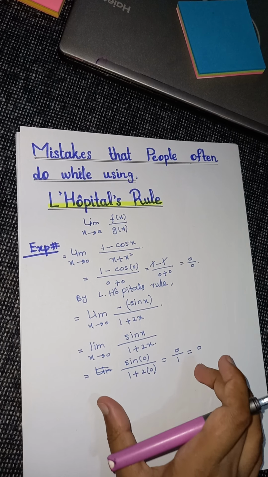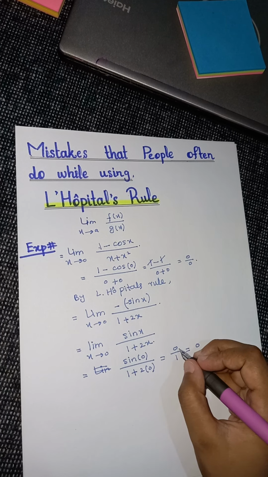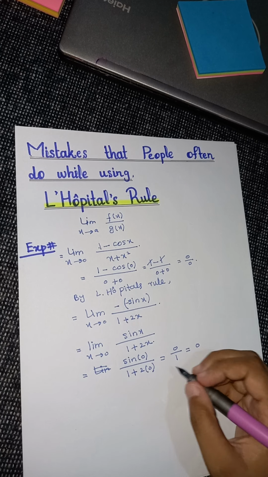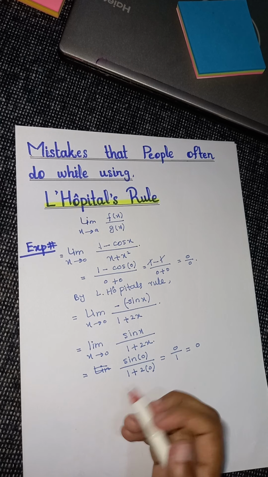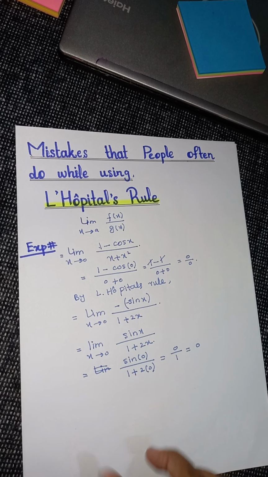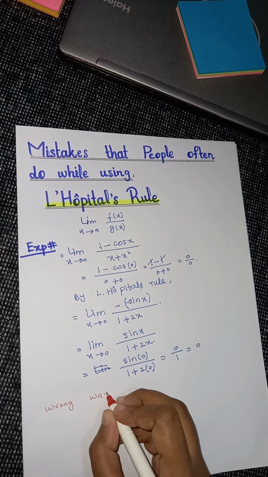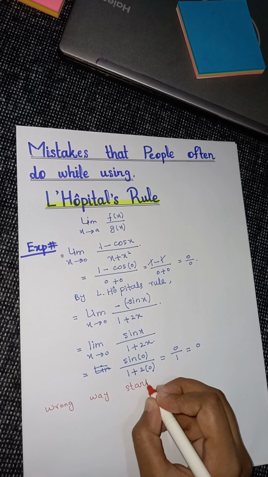The problem occurs here because at times people think that this is 0, that means we have to apply L'Hopital's rule again, and they do it in a wrong way. Let me write what I just said, that the wrong way starts from here.